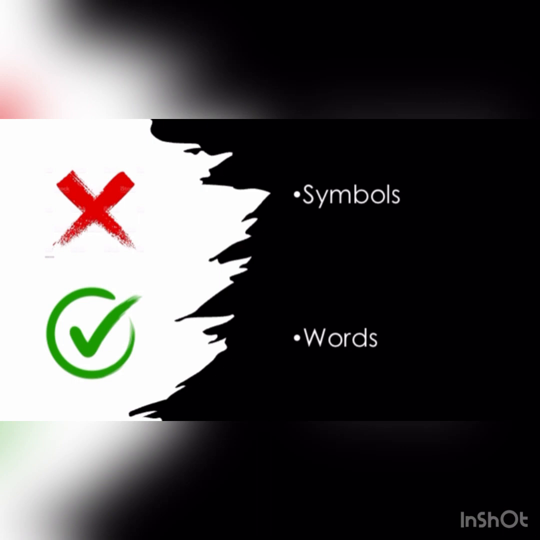So you can't use symbols, but use words. But if you are writing something related to mathematics or chemistry, definitely you have to use some symbols. That's okay. But when you are writing a piece of idea, a paragraph, you have to give it in words, not in symbols.